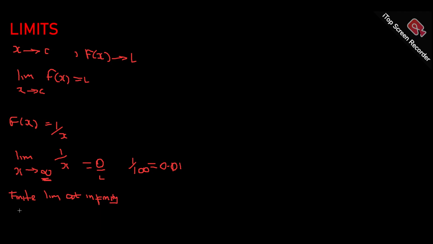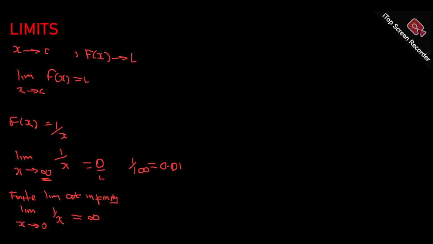You can also have a limit where x is approaching 0. Then you have 1 over x, and this is equal to infinity. This is also very important. This is the opposite of the one we have talked about. Let me give you an example.